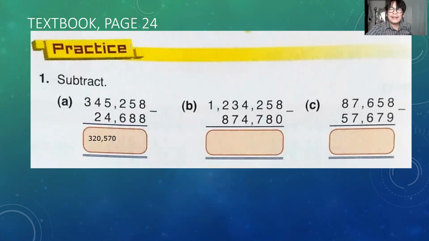Gino, what is the question or the problem? Okay, you notice, class, that 8 should be aligned. 8, 8, and then 0 should be aligned or in proper line.